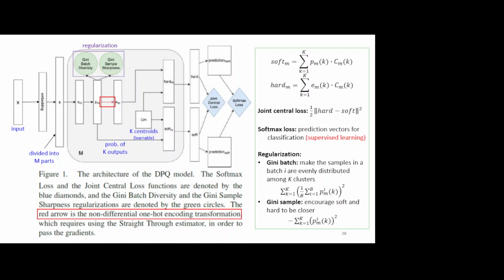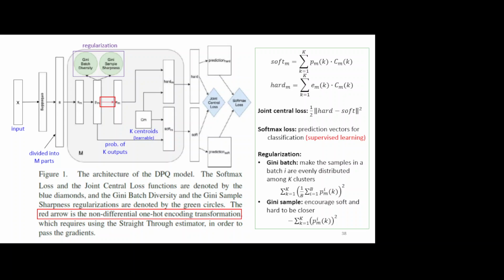Do you understand it this way? Actually, it's doing quantization, and it has two losses, with two kinds of quantization. One is hard quantization: this path is hard quantization, this path is soft quantization. So the difference between the soft and the hard quantization, let me give a simple example. Suppose in this case I have 3 clusters and a given vector x.